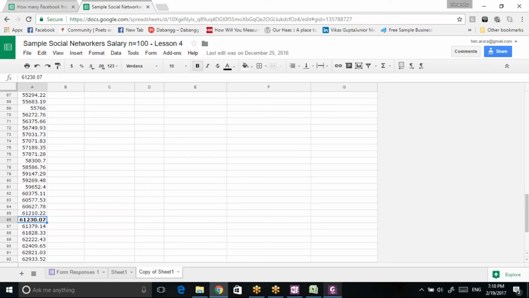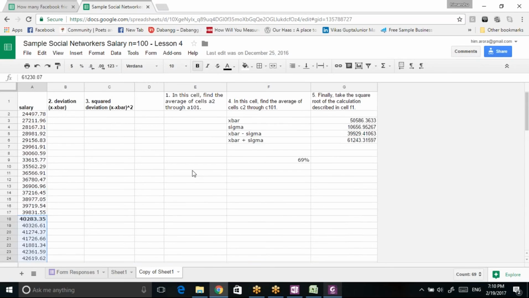Now if I count these values, let me put it to count. You can see 69, and the theoretical is 68, so it's pretty close. That is, 69 data points are between X bar minus sigma and X bar plus sigma, or mu minus sigma and mu plus sigma.